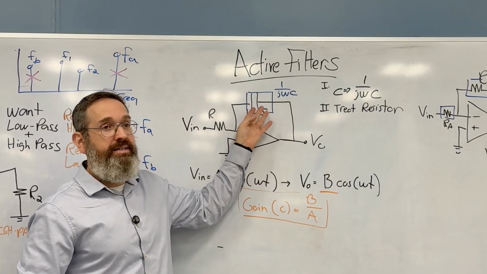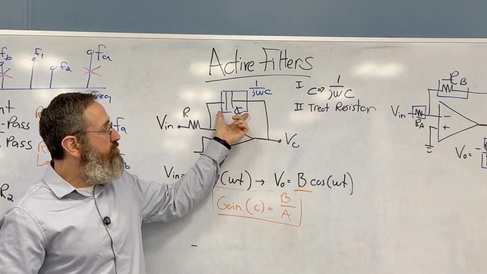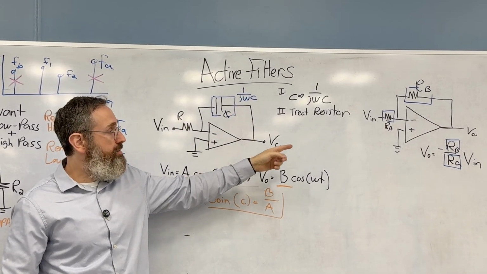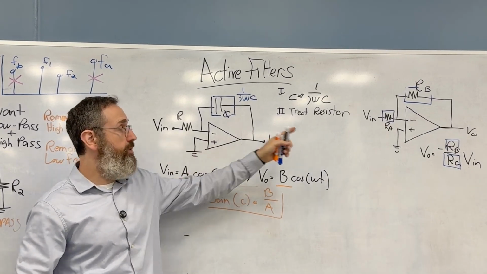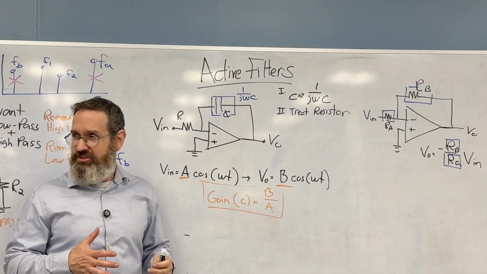You need to realize it's the same thing. This resistor just has this weird value. And so we can plug in directly. So what I'm going to do is two things. I'm going to plug in directly, and then I'll derive it as if I couldn't plug it directly, just to convince you that it's true.